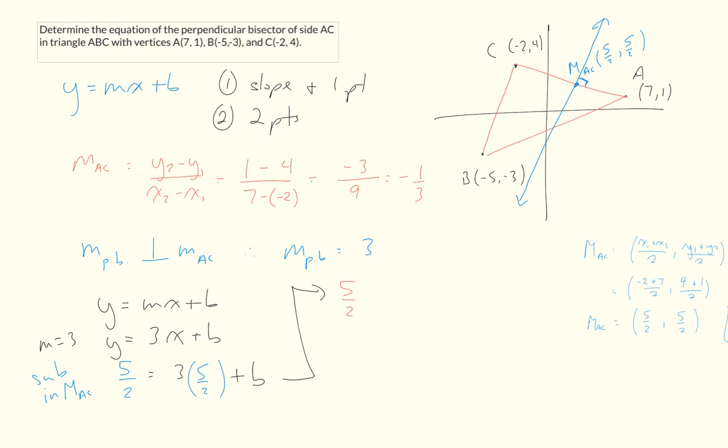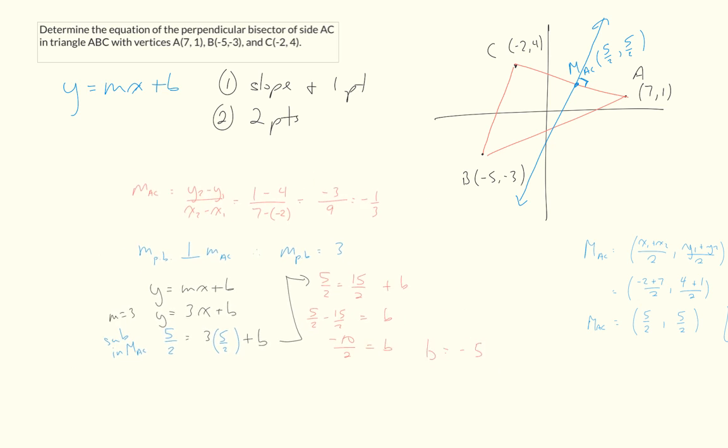So 5 over 2 equals 15 over 2, plus b, subtract the 15 over 2 from both sides, and I get 5 over 2 minus 15 over 2 equals b. That's negative 10 over 2 equals b, and I've got that b must equal negative 5.